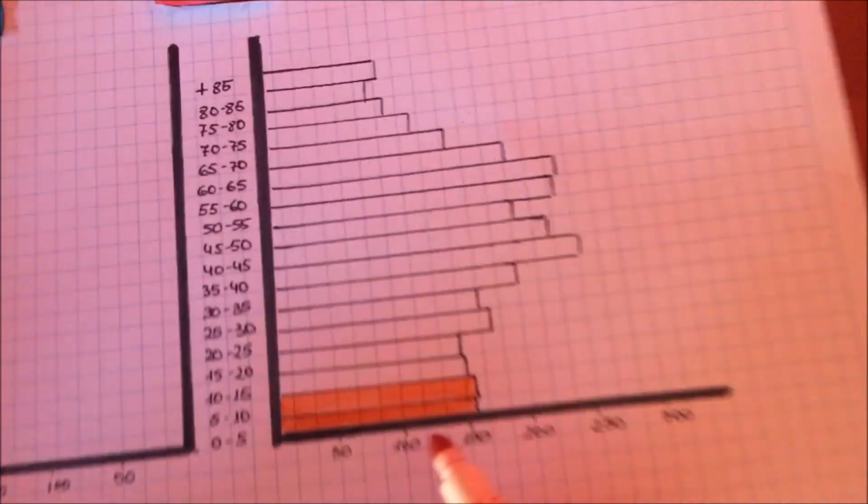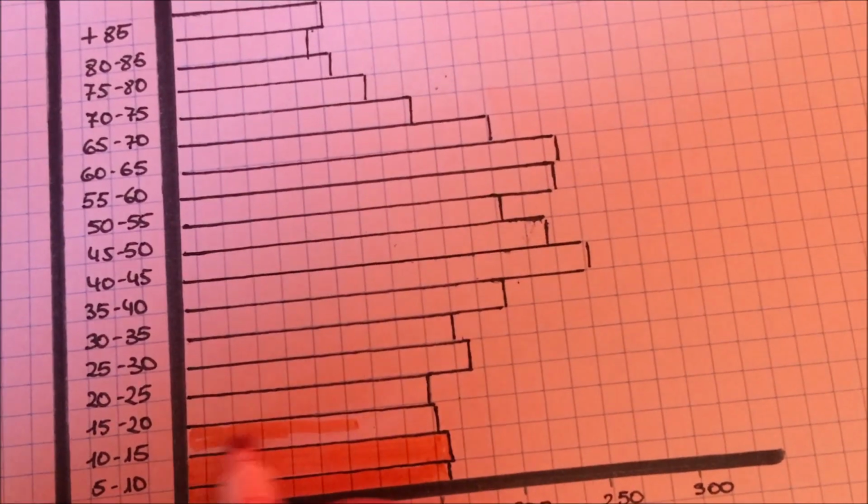When we finish drawing the bars, we are going to color them in orange.